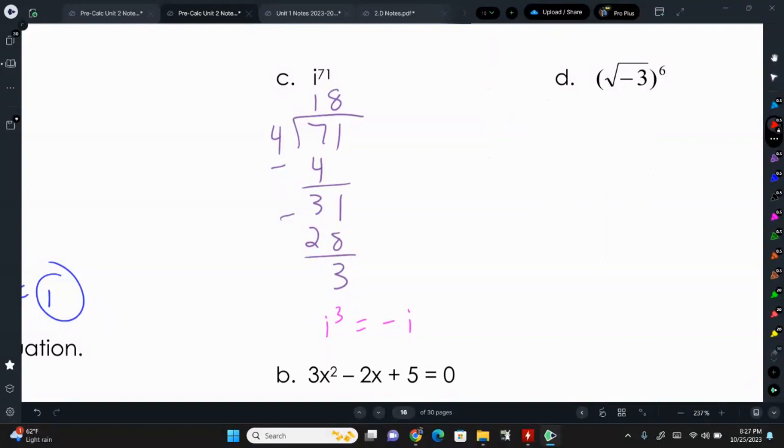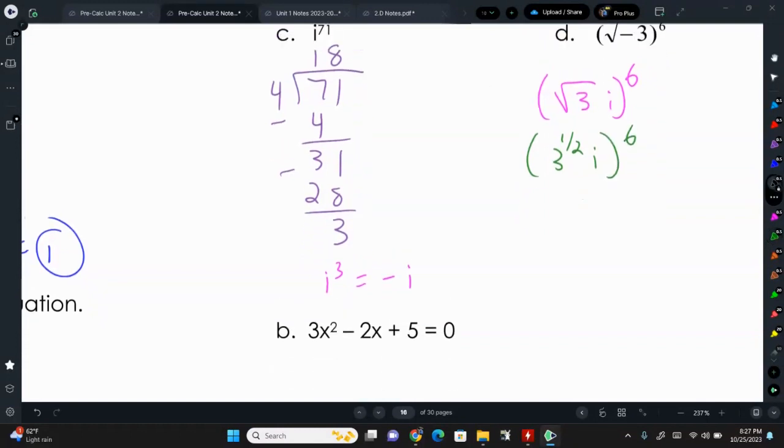All right, letter D, we have the square root of negative 3 raised to the sixth power. So we can write this as the square root of 3i to the sixth power, and we can write the square root of 3 as 3 to the 1/2. So we have 3 to the 1/2 power times i to the sixth.